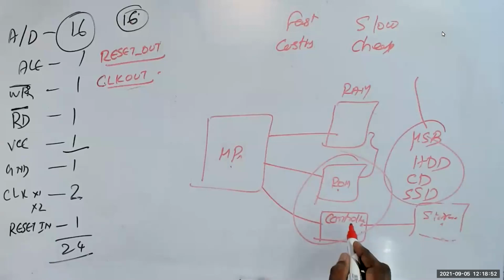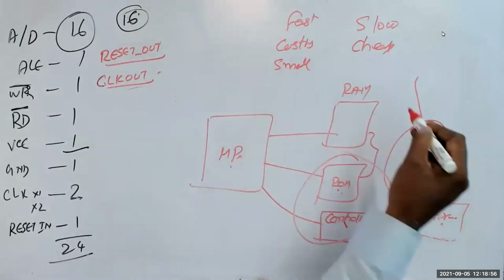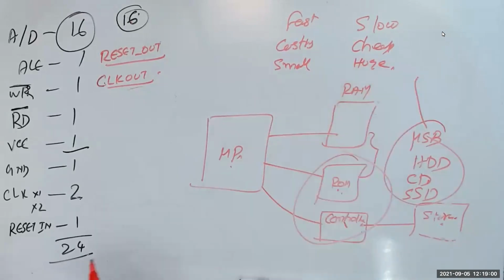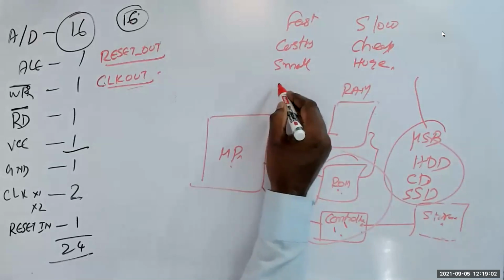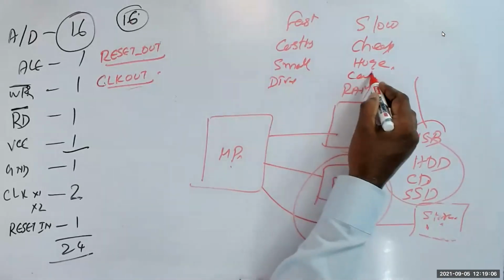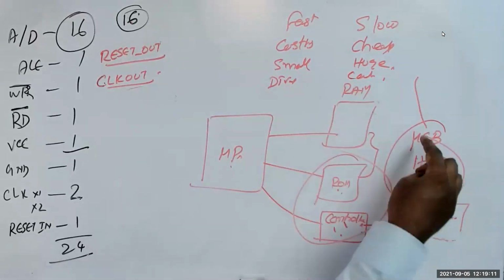Your memory is small in size and your storage is huge in size. Your memory can talk directly to the microprocessor, while your storage goes via controllers. There are so many differences. These things are called storage.